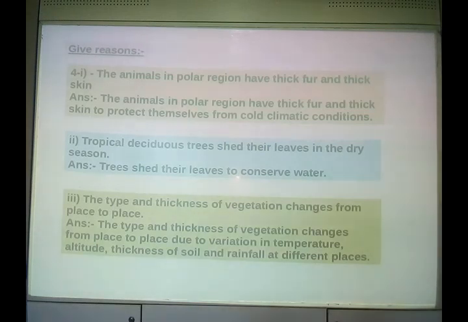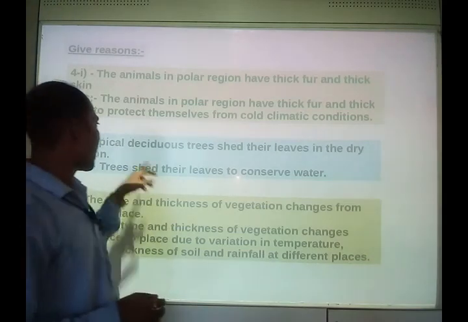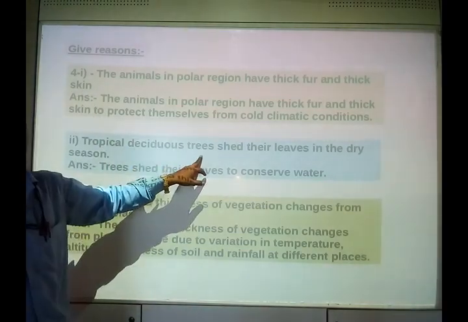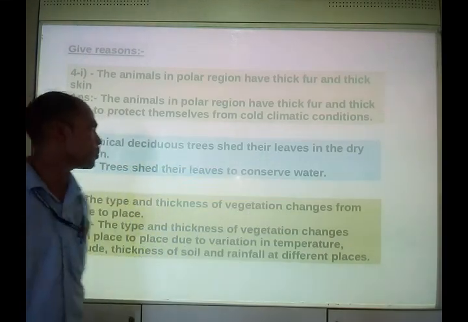So tropical deciduous trees shed their leaves to conserve water, to save water, to keep the water amount balanced inside them, okay. That's why tropical deciduous trees shed their leaves.